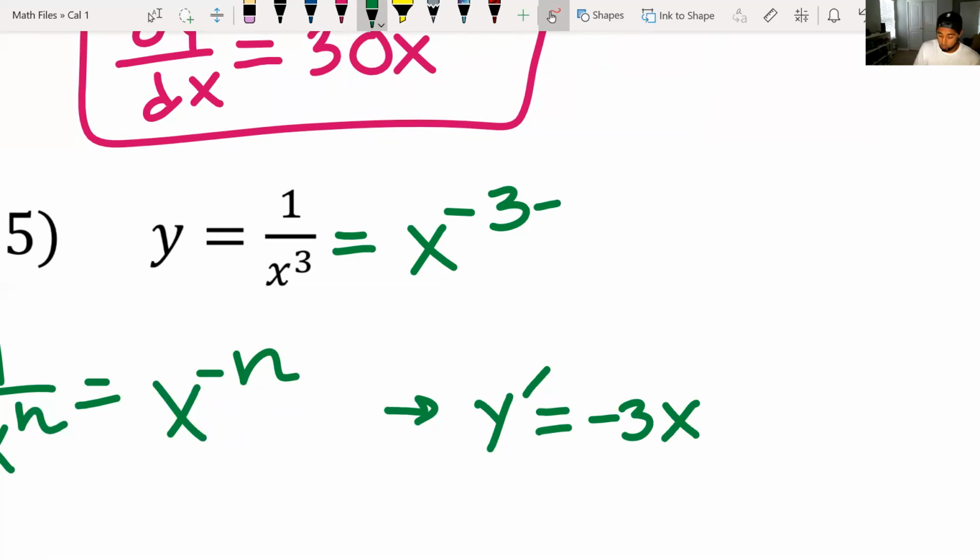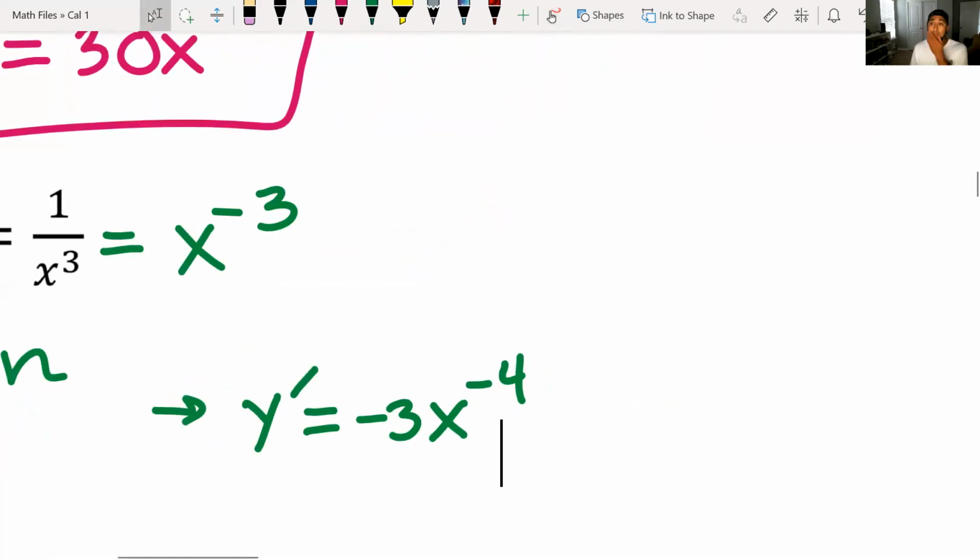You'll take 1 away. Be very careful with your math. You take 1 away from negative 3, you'll get negative 4. Okay. And now we want to rewrite this using that negative exponent rule again, because we want to be proper.